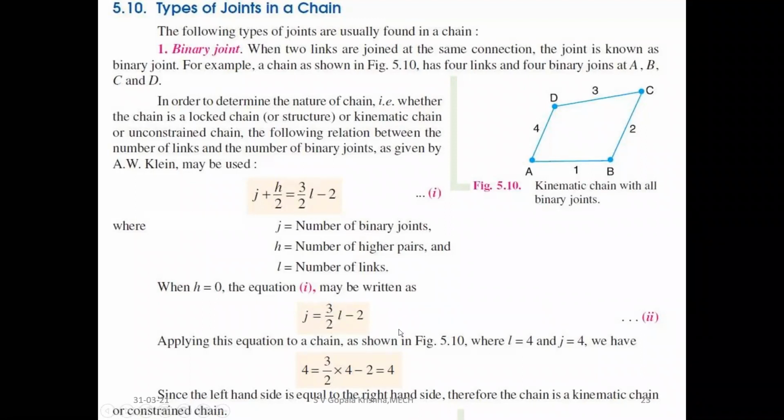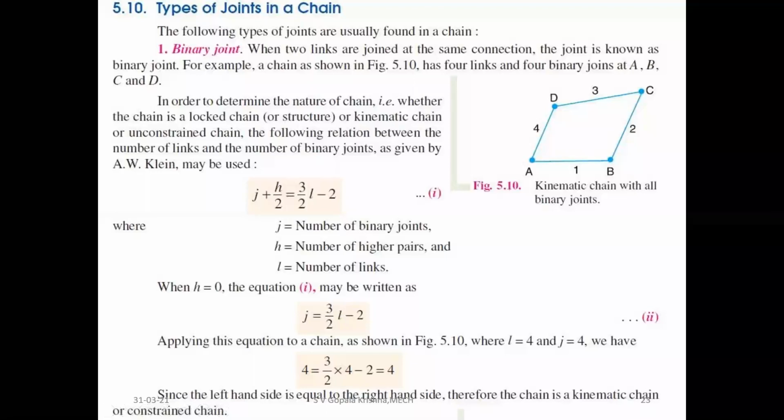Now the equation has arrived: J equals 3 by 2 L minus 2. Now substituting the known values, 4 equals 3 by 2 into 4 minus 2, so it also comes to 4. So LHS and RHS both are equal.